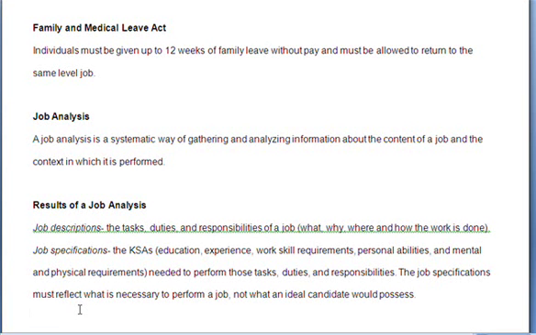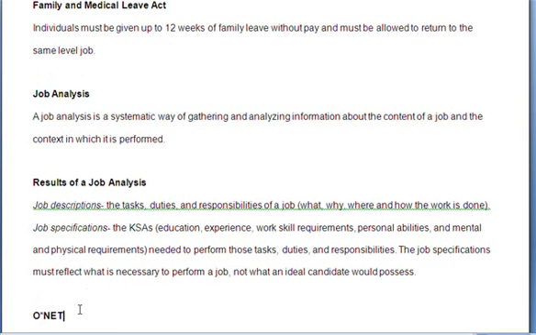Your book goes into some of the processes of how you do a job analysis, but I want to point you to one last thing here, and this truly is the last thing. Something called O*NET, and if you do a Google search and you search just like I have right there, O*NET, you will find a site that has been constructed by the federal government where they have done job analyses on thousands of different jobs.